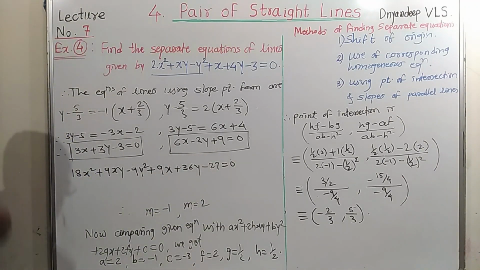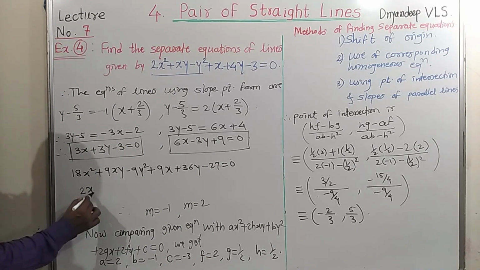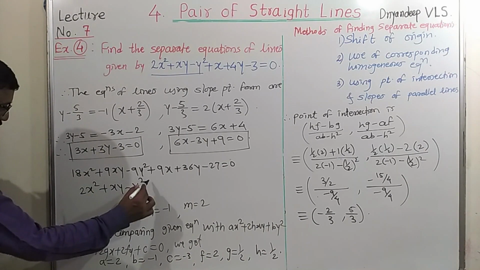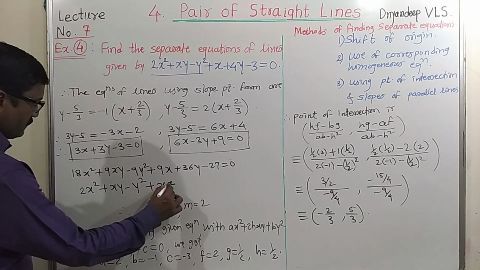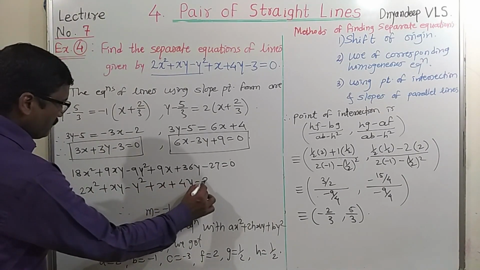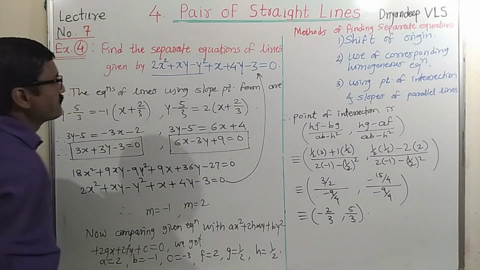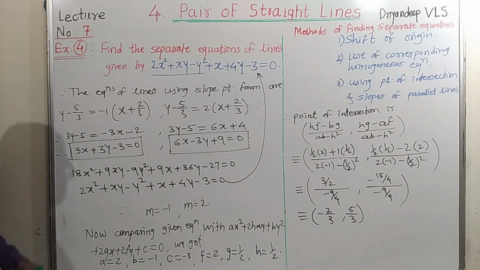I think cancelling 9 from each equation, we get 2x square plus xy minus y square plus x plus 4y minus 3 equal to 0, and that is the same equation. So our answer is correct.